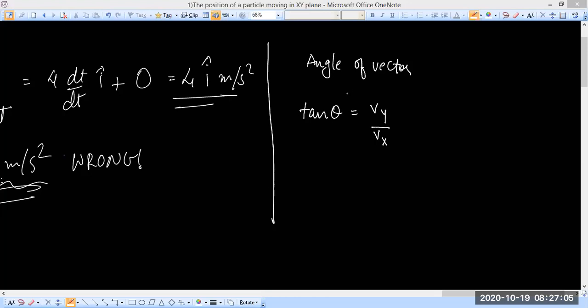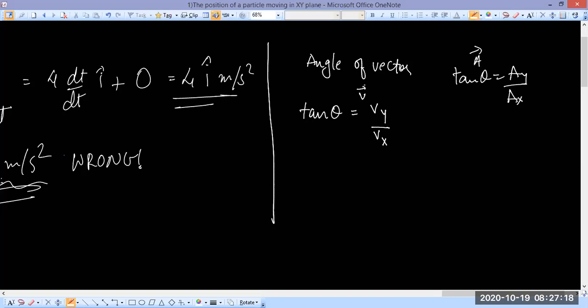Tan theta is equal to y component upon x component. Why am I writing vy? Formula તો આવી લખાવી હતી, but that was for vector a. Now this is for vector v, velocity, right? એટલે v લખવાનું. Same meaning, y component upon x component.